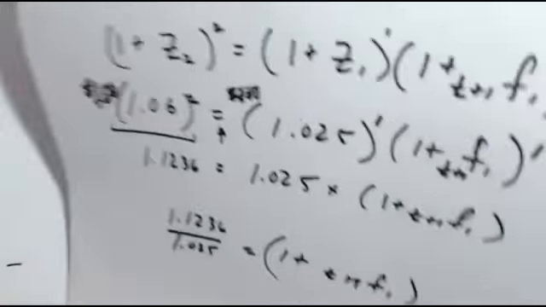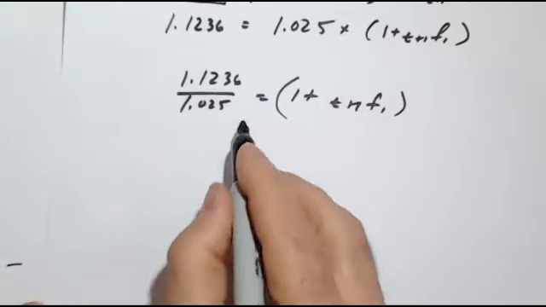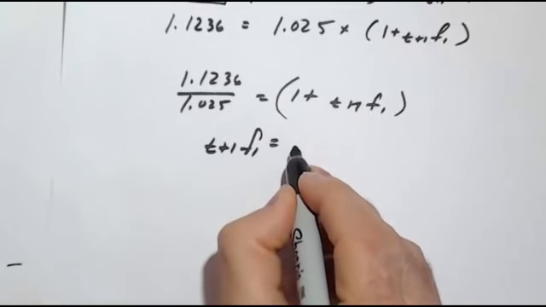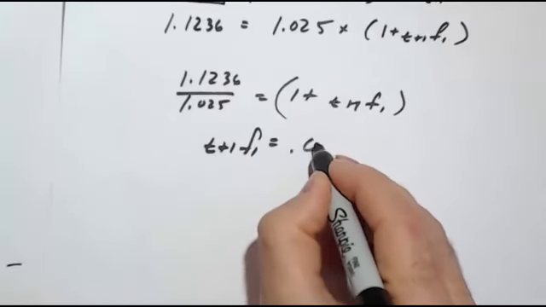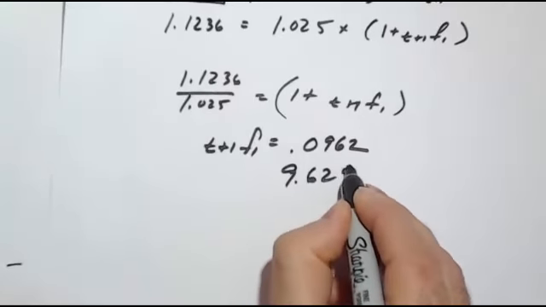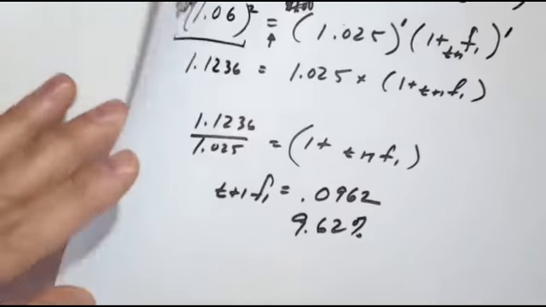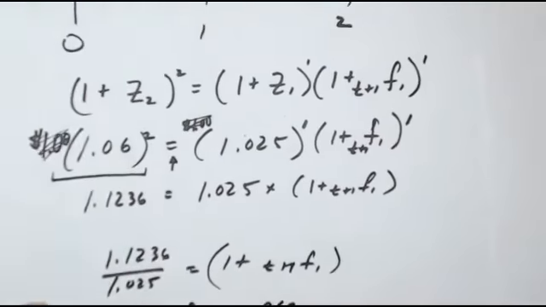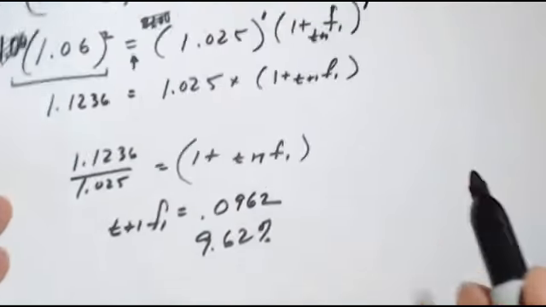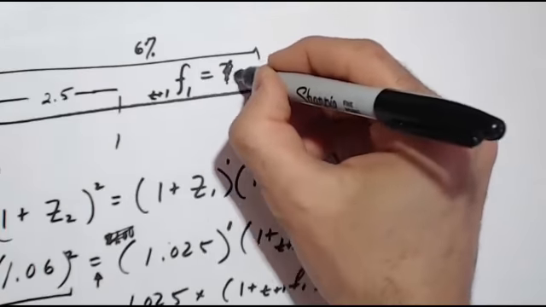And what happens is T plus 1 F1 equals 0.0962, 9.62%. Okay, so let's look at what that means here. So it's 9.62%.